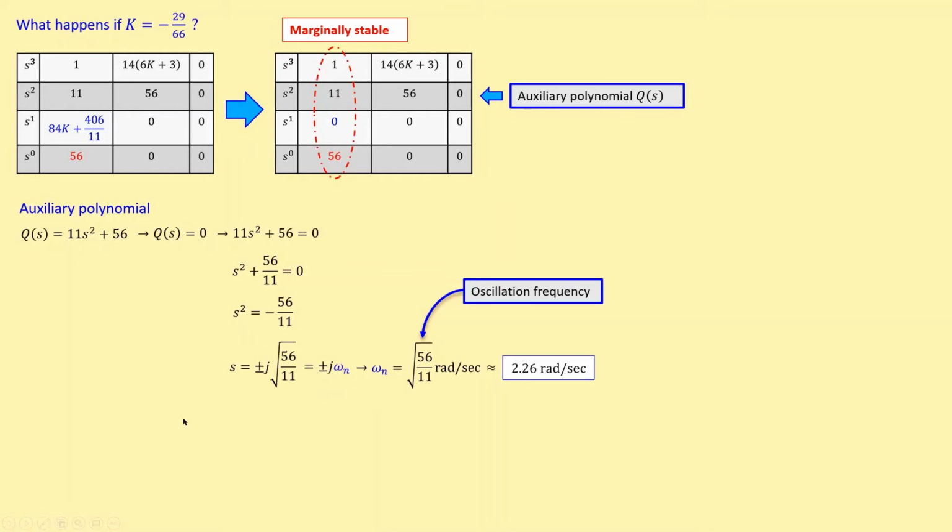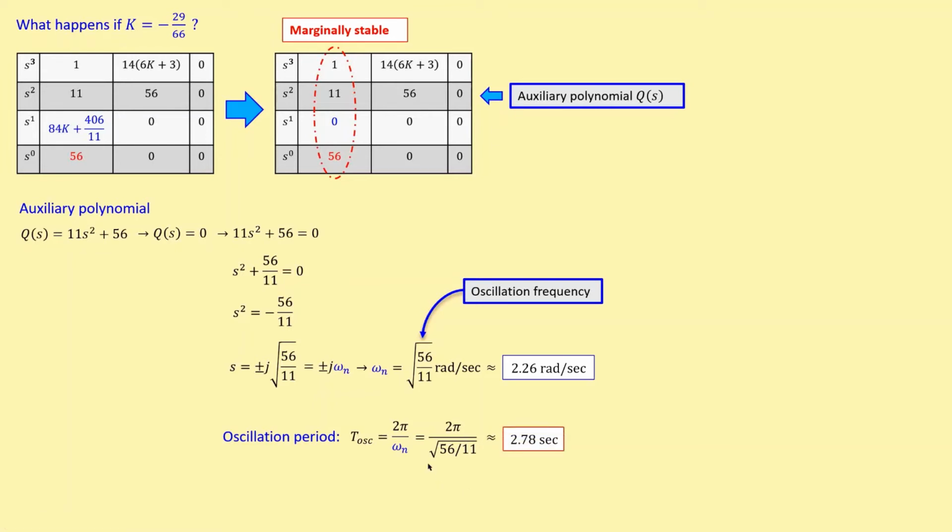And what is now the oscillation period? That is of course quite easily calculated using this familiar formula. This is the period, time T is equal to 2 pi divided by omega, which is in this case omega n. If I substitute the values, 2 pi divided by the square root of, in exact form, 56 over 11, I get approximately 2.87 seconds.